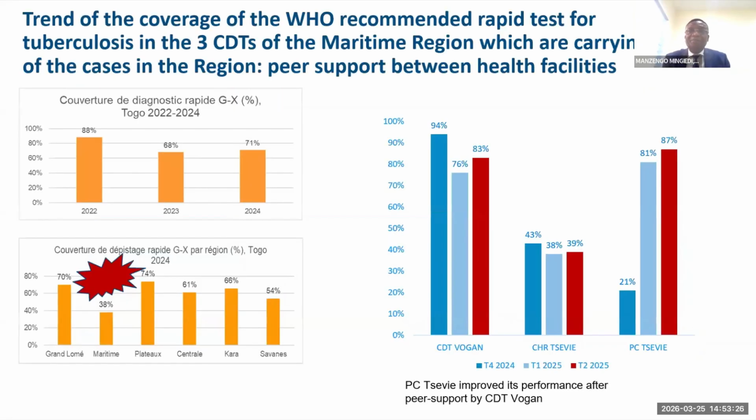Slide, please. This is a first example of the use of the coverage of WHO recommended rapid test in Togo. You can see that the coverage is a bit low at 71%, and with our support they started to go through the regions to know where the problem is.